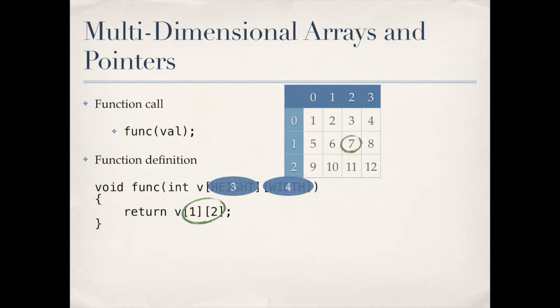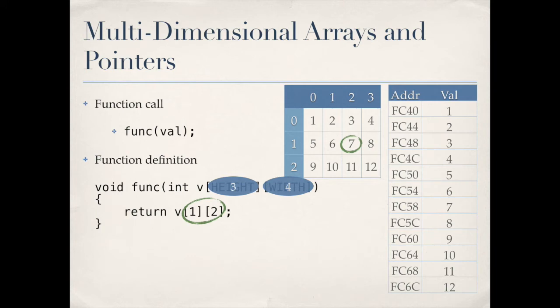Okay, but again, have a look at how this looks in memory. And you know, memory is always a one-dimensional array. So we don't have any matrices here. We just have one linear array of addresses and the corresponding values stored at these addresses.